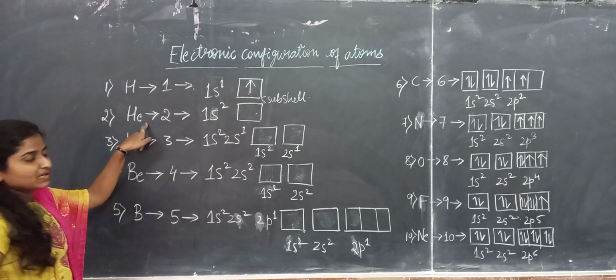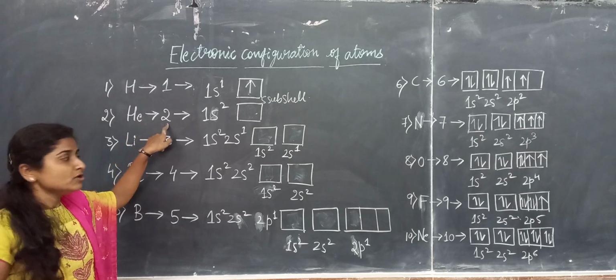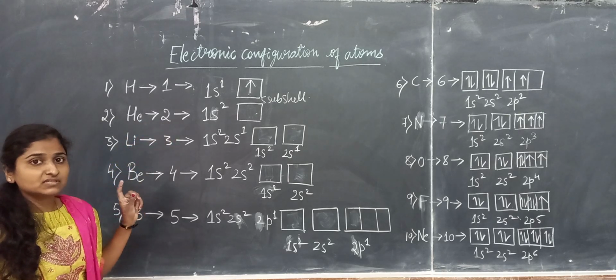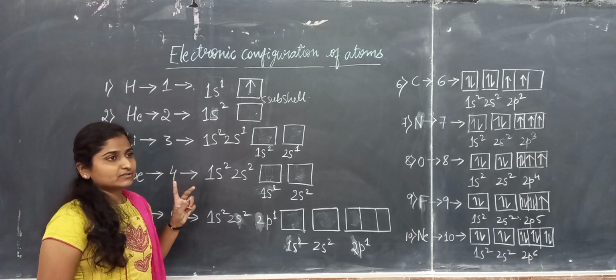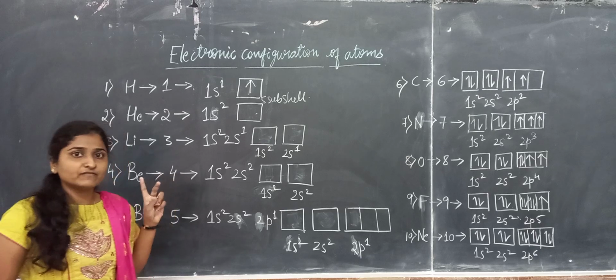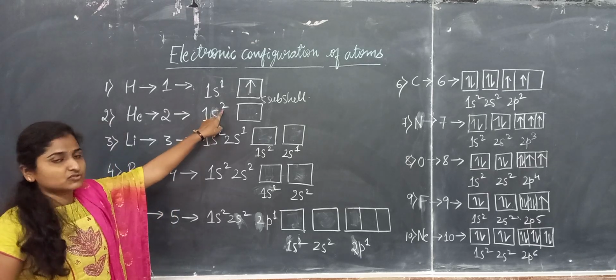The next example is helium. The atomic number for helium is 2. So there are totally 2 electrons in the helium atom, and for those 2 electrons we will be writing the electronic configuration in the form of first notation as 1s2.